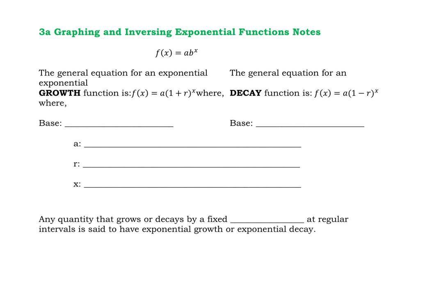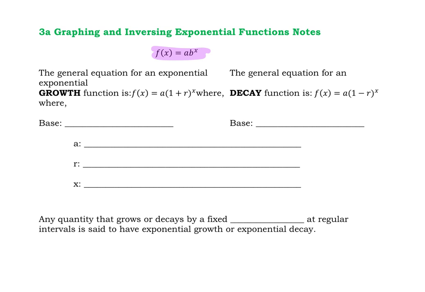Okay, now today we're going to talk about graphing and inversing an exponential function. This is the generic equation, where b is the base of what is growing or decaying, which is called the factor.